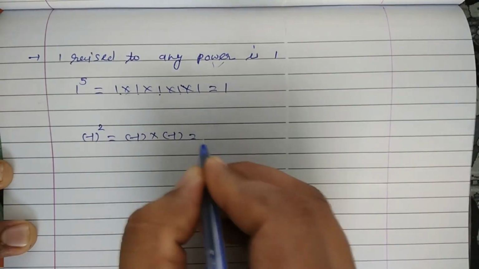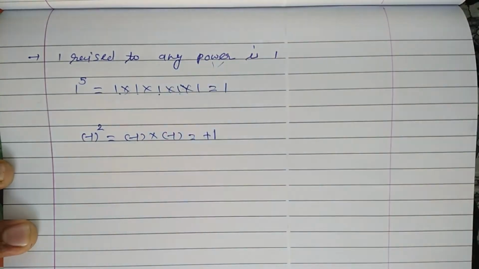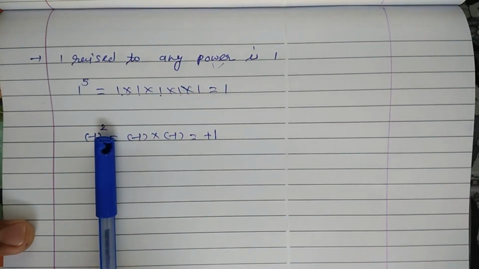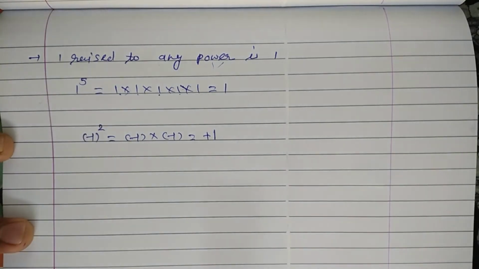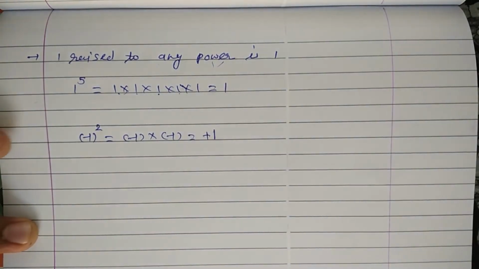Minus minus is plus, and 1 ones are 1. So for any negative number, if power is an even number, we will get the answer in positive form.